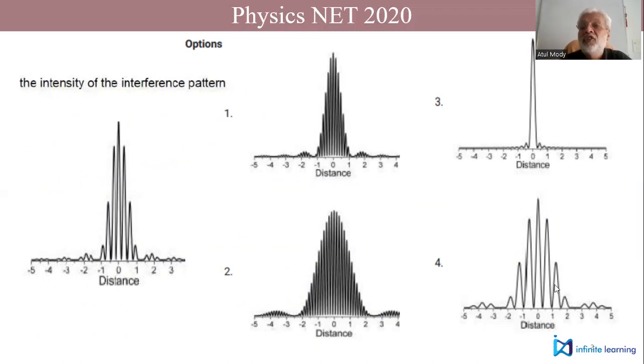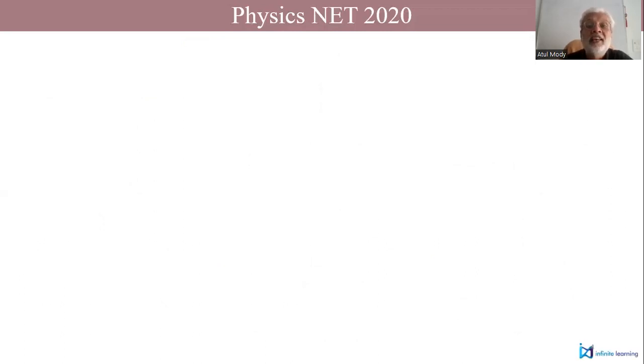Whereas in case of number 3, the central maximum is much reduced in size, although the interference fringes have broadened. And if you look at the second one, the central maximum has broadened and individual fringes have become thinner. All right. So this is what we expected. That is going to be the likely choice.